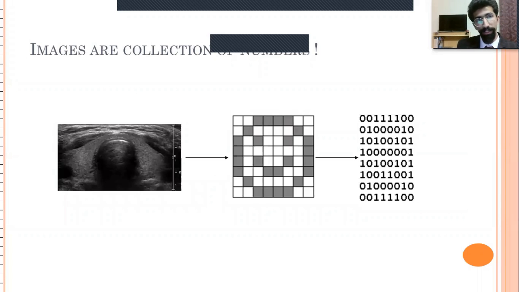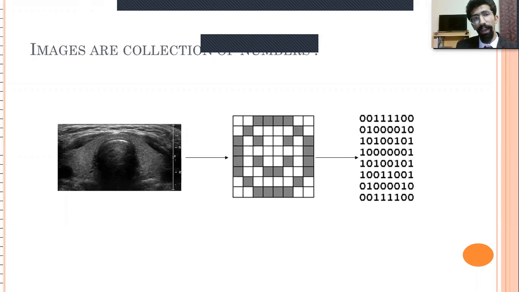Computer is just the same. Images, to the computer, are a collection of numbers. Here I have an ultrasound image of the thyroid. To a computer, this is not an image of the thyroid gland; rather, it is just a collection of numbers.